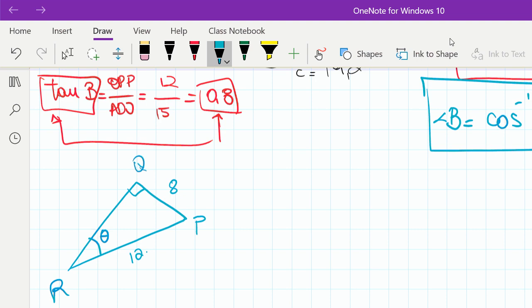So now the sides that we know are opposite in relation to the angle and hypotenuse.